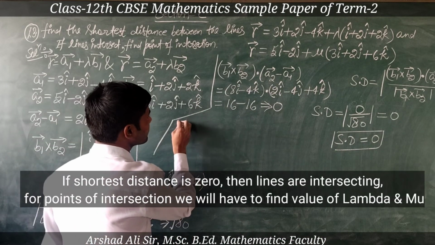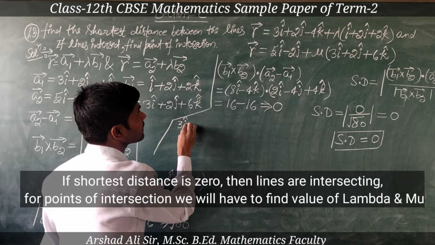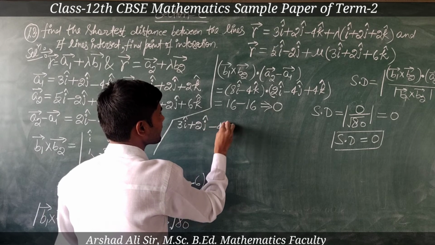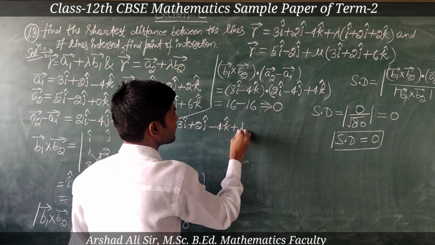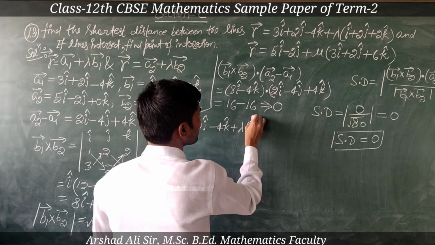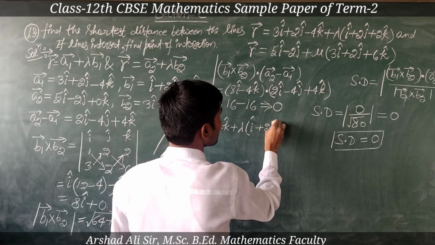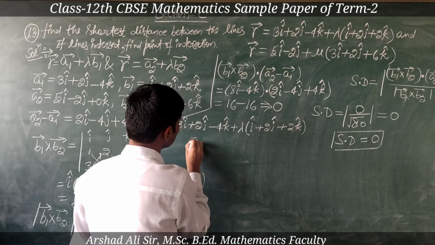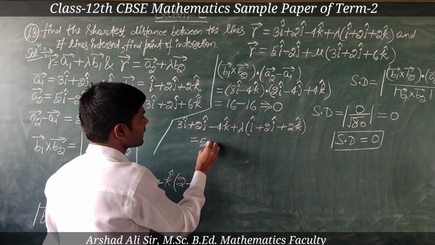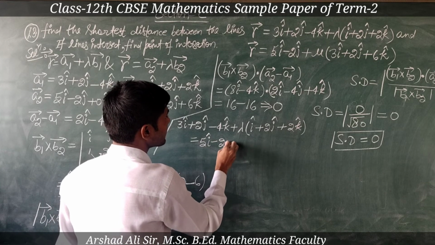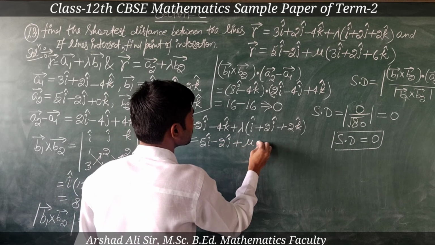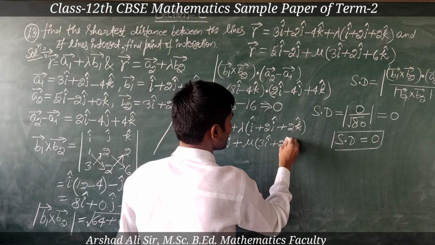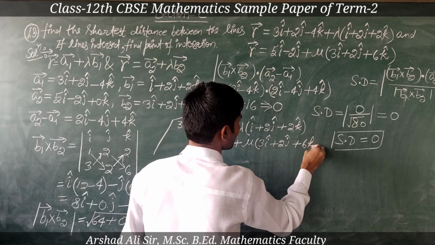So we can write 3i cap plus 2j cap minus 4k cap plus lambda into i cap plus 2j cap plus 2k cap is equal to 5i cap minus 2j cap plus mu into 3i cap plus 2j cap plus 6k cap.